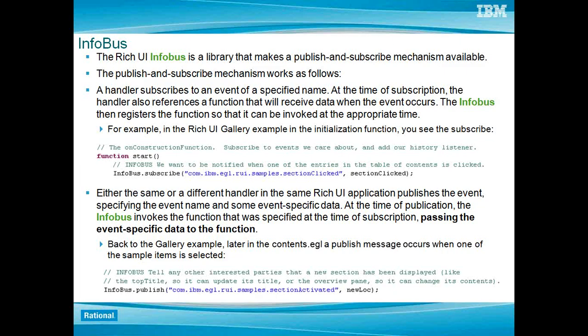I can write any event ID. But subscriber and publisher must both have the same ID. Based on the ID, they can identify each other, and they are able to pass data to each other. In the publish, we have first the event ID, and second is the data, the information that is going to be transferred to the subscriber.